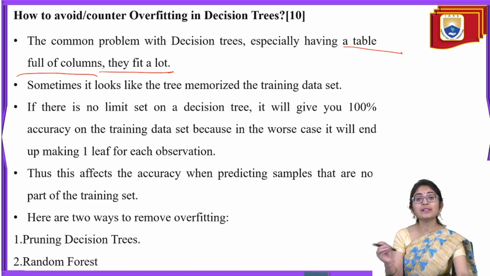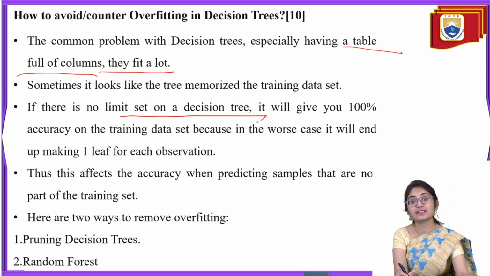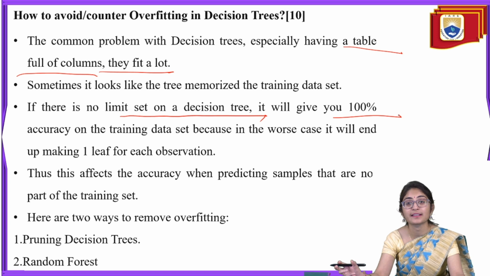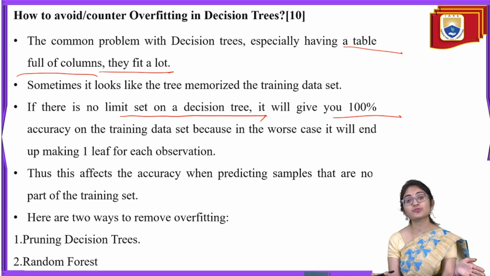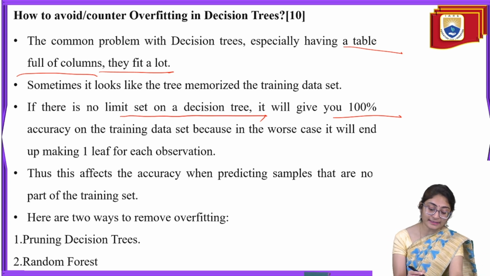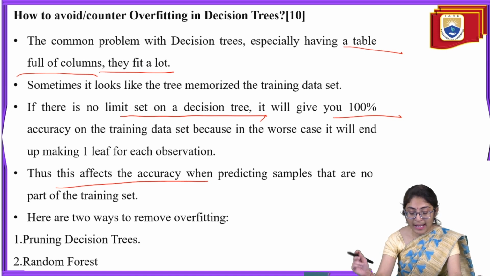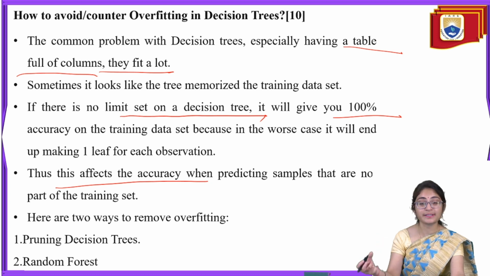If there is no limit set on the decision tree, it will give you 100% accuracy on the training data set, because in the worst case, it will end up making one leaf for each observation. And this affects the accuracy when you have to predict samples that are not part of the training set.